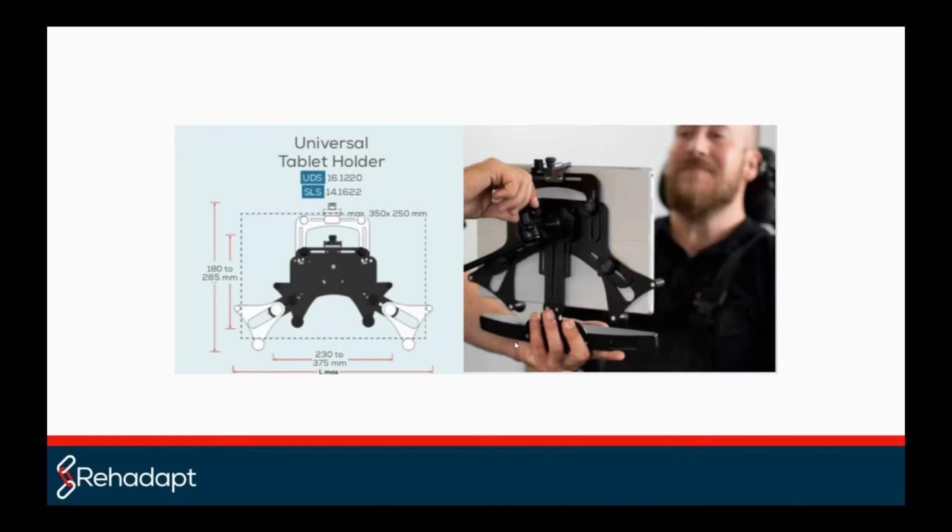Okay, so here you can see the example. We can adjust the size of that universal tablet holder, can combine it with eye tracking systems, because we also know that when people are using iPads, the demand of controlling them with your eyes is also sometimes existing.